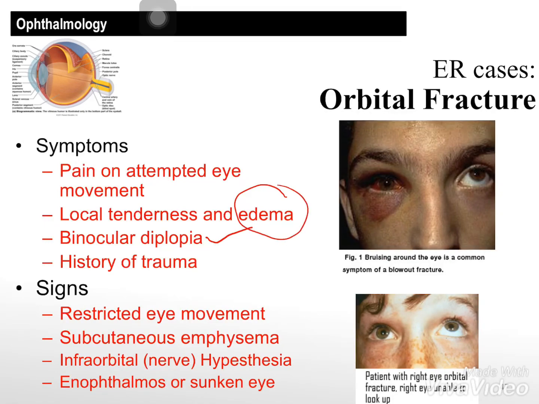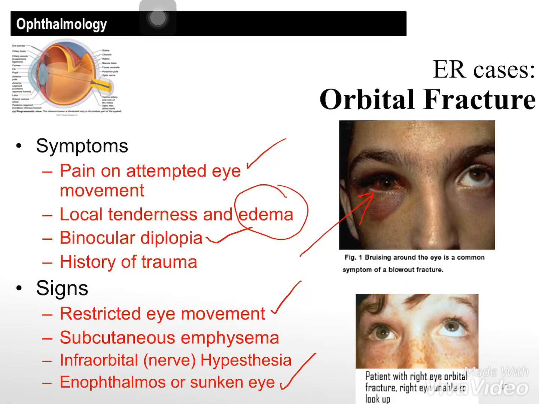You examine edema and ask the patient to move the eye and check for pain on eye movement. Also, other signs would include restricted eye movement. There can be enophthalmos or sunken eye, such as this case.